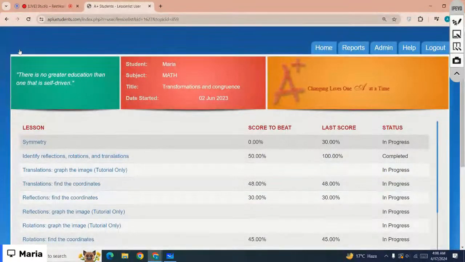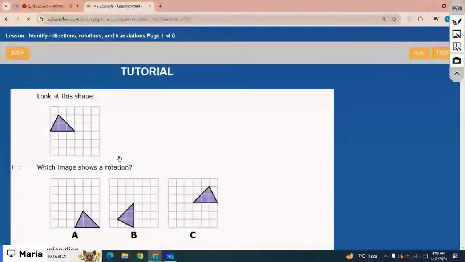The next one is identify reflections, rotations, and translations. Look at this shape. Which image shows a rotation? You are given three images A, B, and C, right?